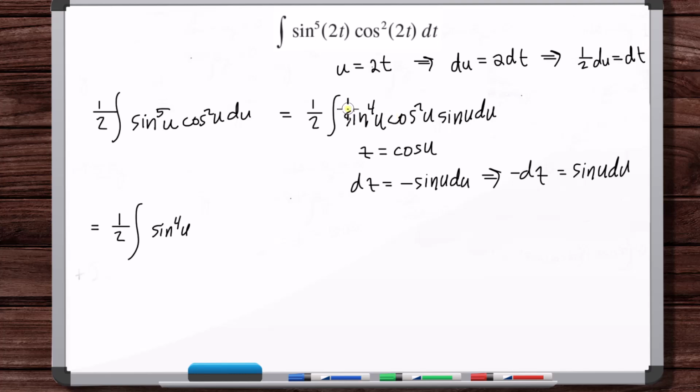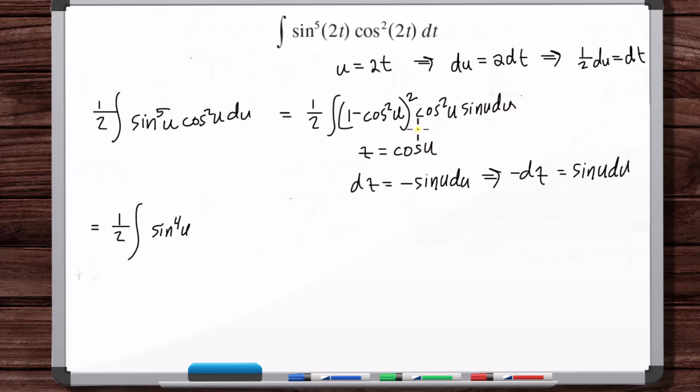So for sine to the 4th, we're going to use the sine squared x plus cosine squared x is equal to 1 formula. So we had sine to the 4th of u, which is sine squared of u, squared. So 1 minus cosine squared of u, squared. Then cosine squared of u, then sine u du.